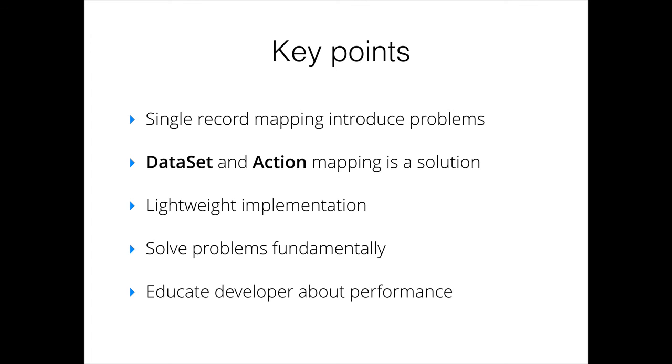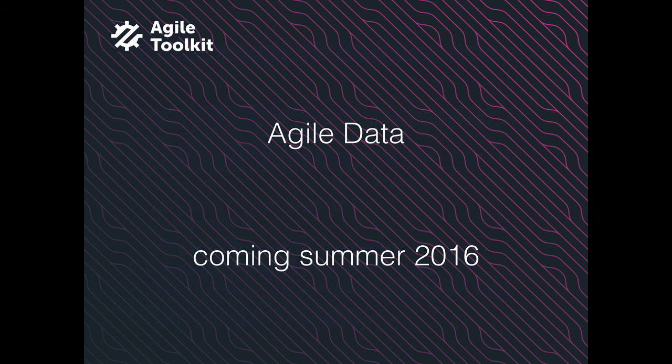It needs to be as transparent as possible. And we solve problems fundamentally. We show and educate developers how to solve these problems. And they know about performance. So when they write applications, they understand the performance. And that's Agile Data, and it's coming to all of you in 2016 under MIT license. So I hope you're looking forward to it.